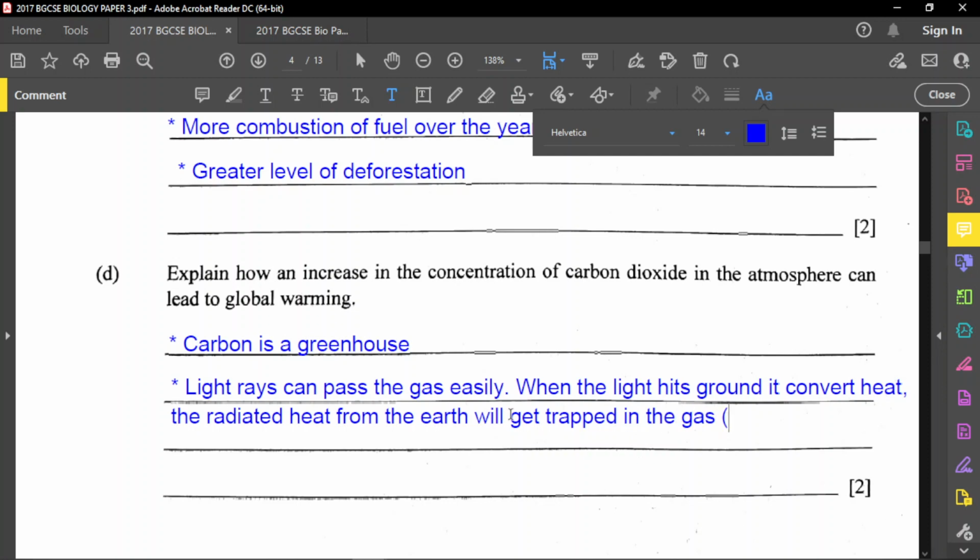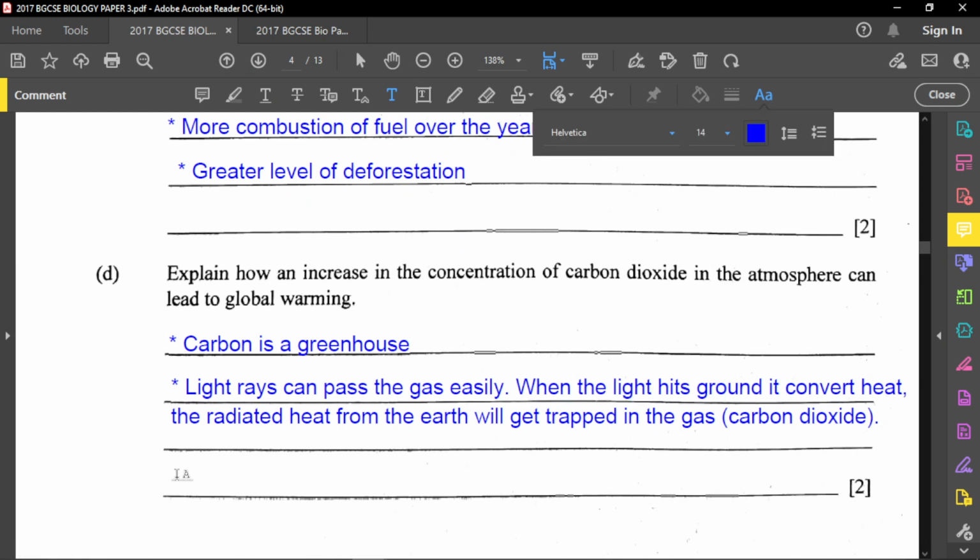Light can pass through, but heat cannot pass through so easily. That's the reason why it traps the heat. It gets trapped in the carbon dioxide.